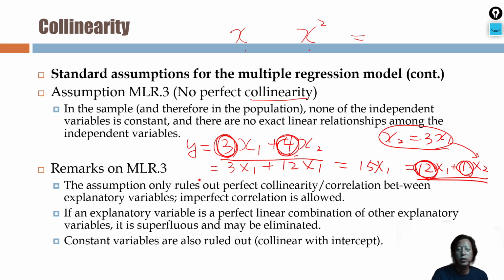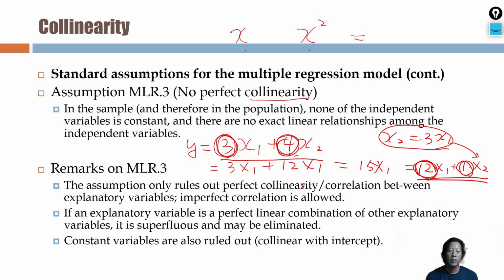So this assumption only rules out perfect correlation, but in reality there is actually a little bit of correlation. Even if variables don't have any physical or meaningful relationship at all, since they are most likely a random sample, they can have slight correlations.